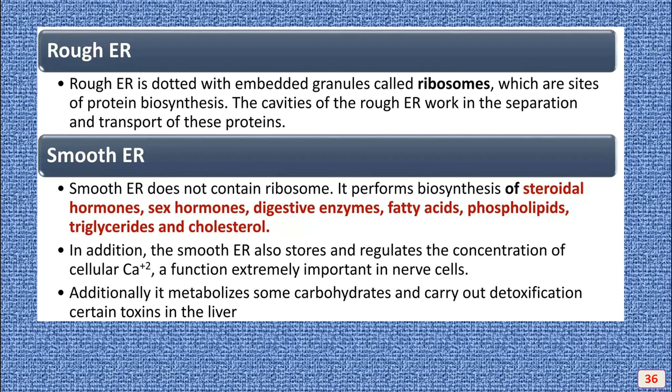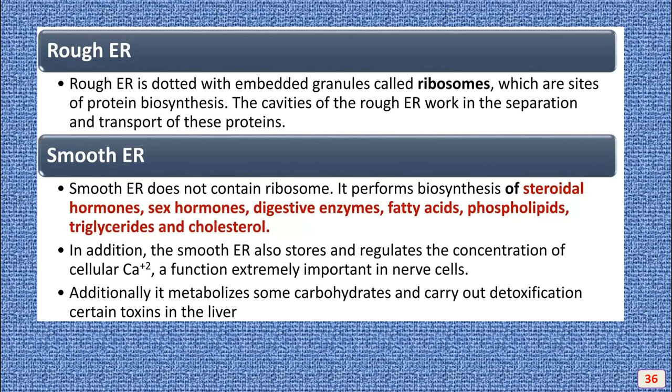Rough ER is dotted with embedded granules called ribosomes. Thousands of ribosomes are present in the human body and the animal body also.